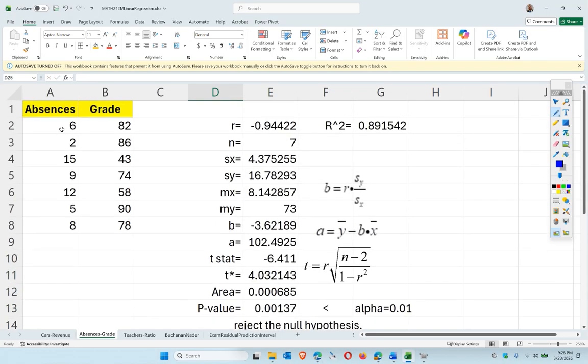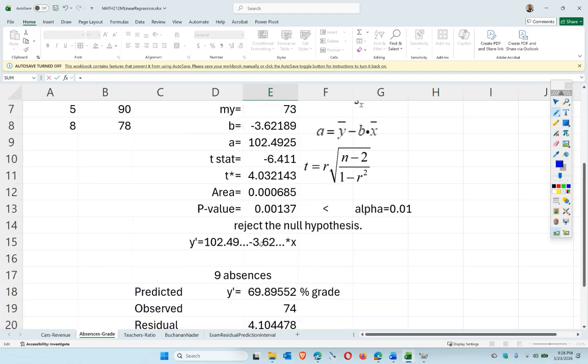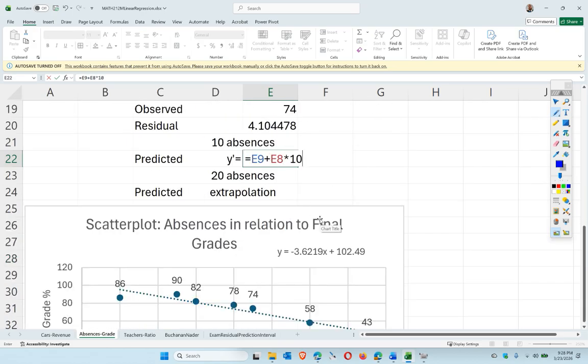Because 20 is clearly beyond my data set, basically. Or the negatives would be if that was possible. You can't have negative absences, though, in this case. So 10 absences, that's going to be A plus B times 10.